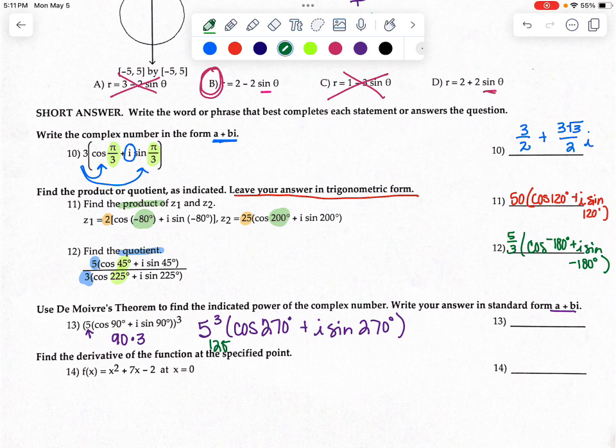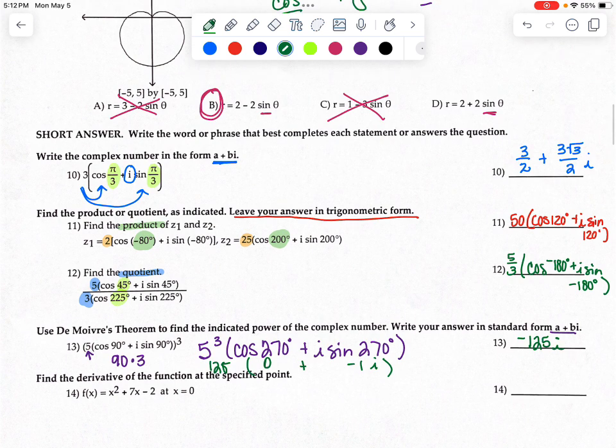Cosine of 270 is 0, and sine of 270 is negative 1. So if I were to distribute that, kind of like we did back in number 10, obviously 125 times 0 goes away. And then 125 times negative 1i would be negative 125i. So that is standard form for number 13.